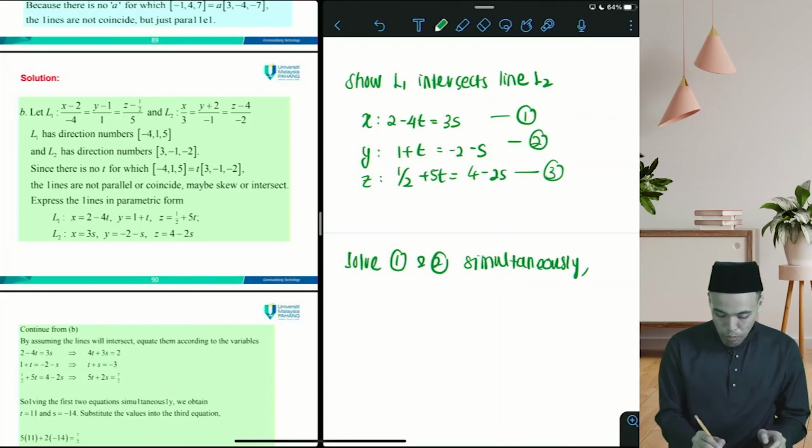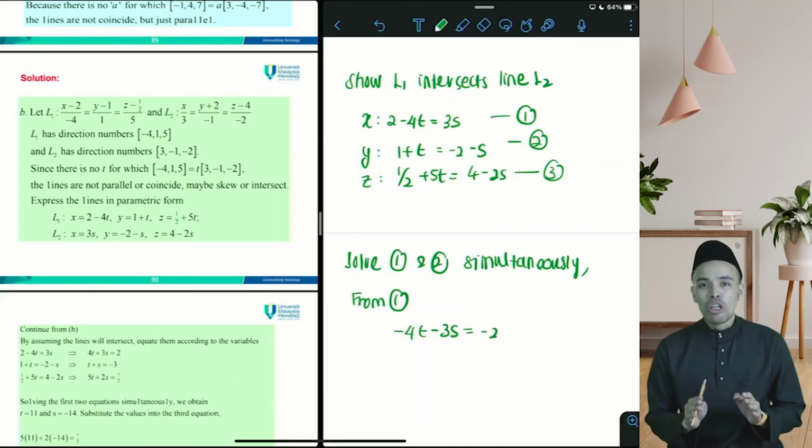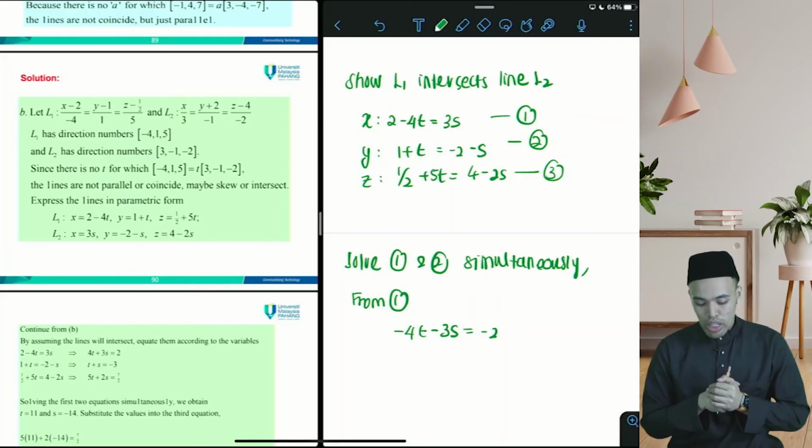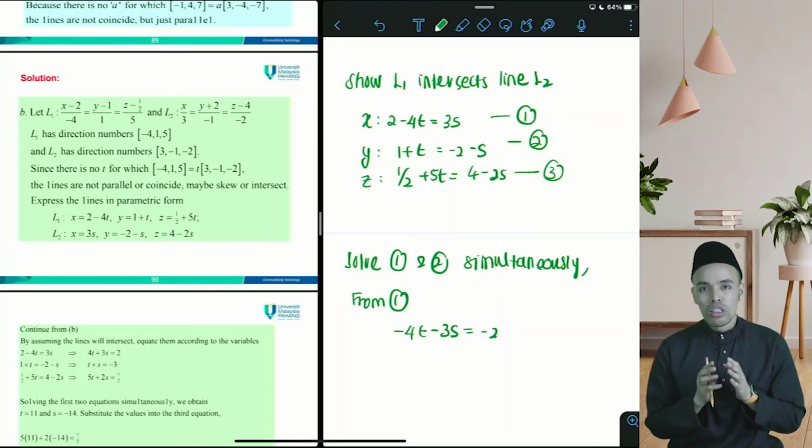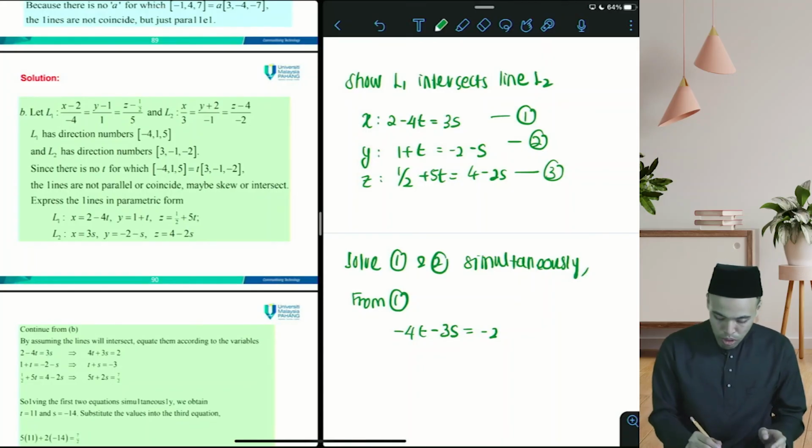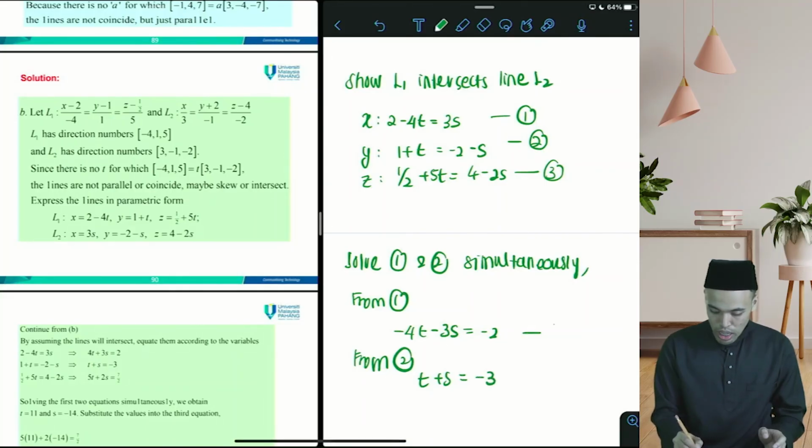Okay, I will get from 1 negative 4t minus 3s equal to negative 2. So I'm trying to rearrange equation 1 where I will put all variables on my left hand side. Meanwhile, constants I will put on the right hand side. So from 2, I will get t plus s equal to negative 3. So I'm going to call these 4 and 5.